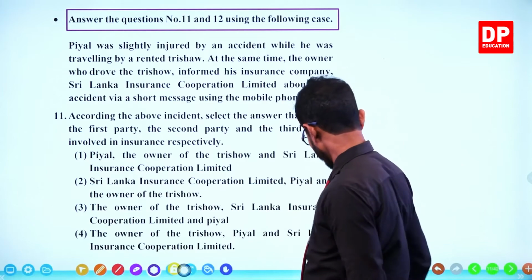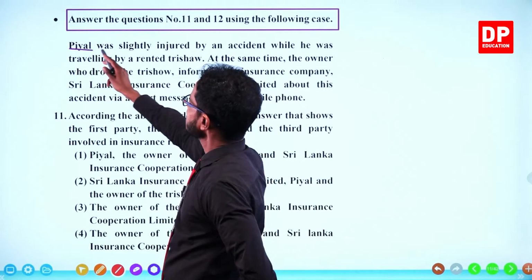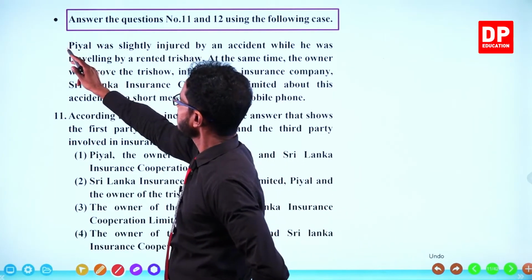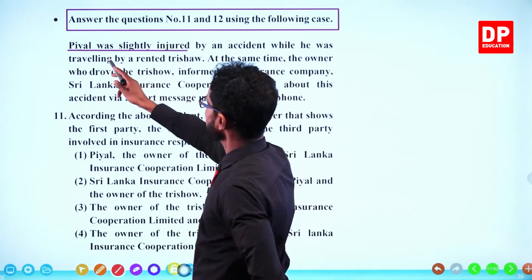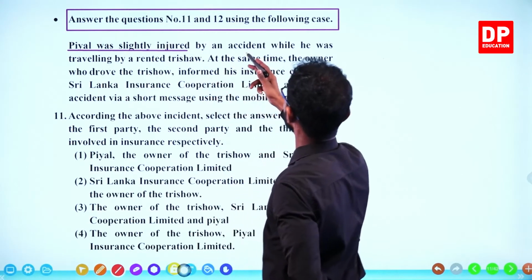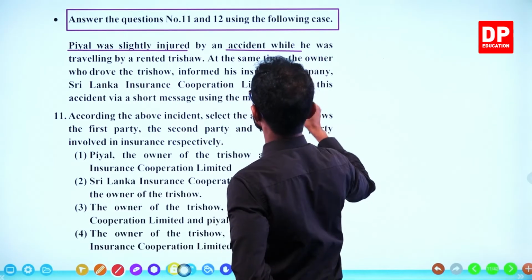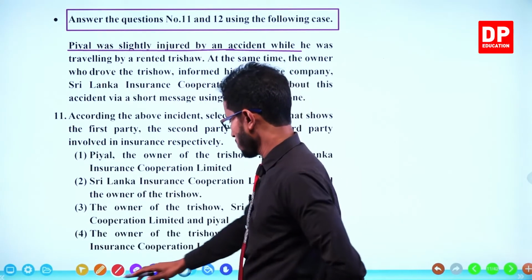Okay, let's underline the key points. Pierre was injured. He was traveling by a trishaw. By an accident.